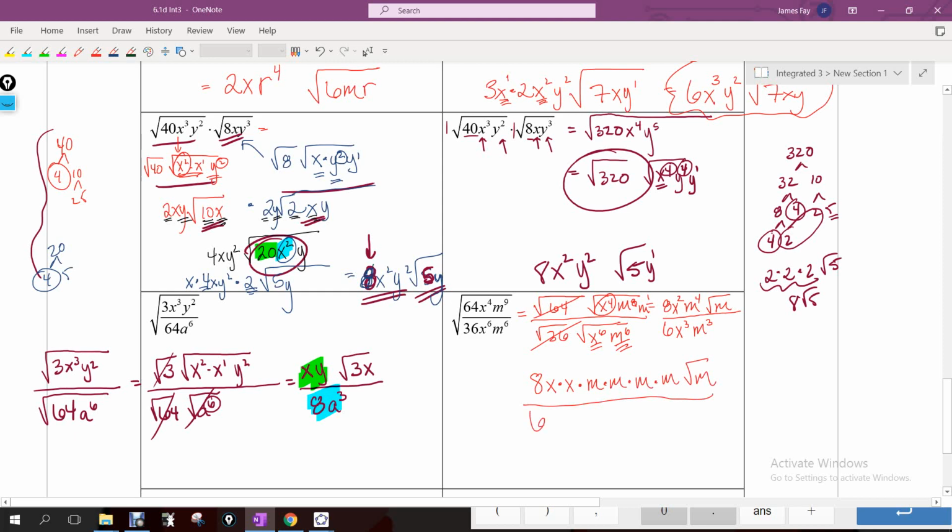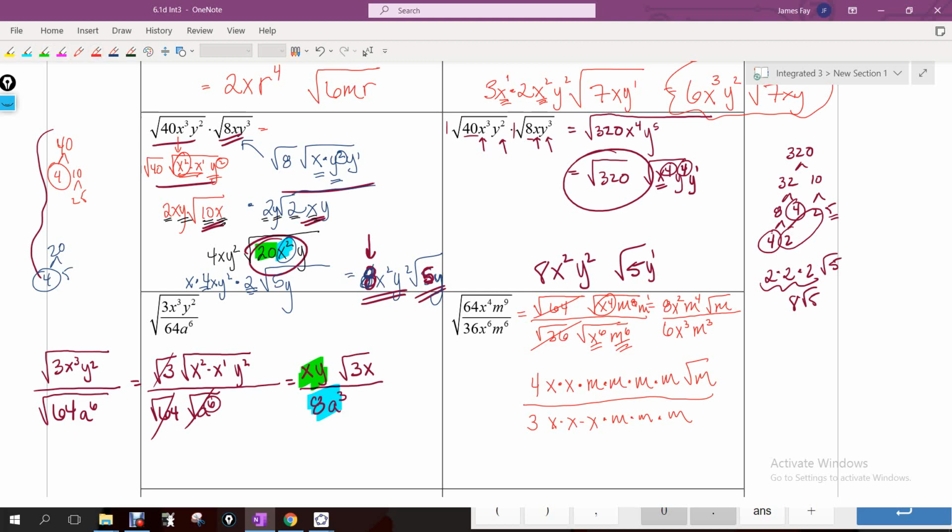And the bottom would be 6x times x times x times m times m times m. What I want you to realize is that both these have a factor of 2 in them. So let's divide 8 by 2, and that will give you a 4. And let's divide 6 by 2, and that will give you a 3, so that's reduced.